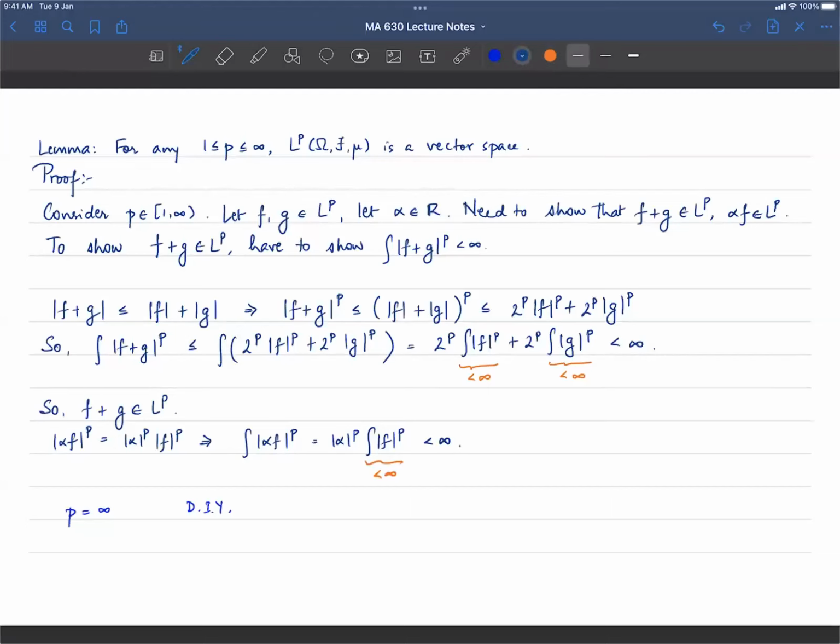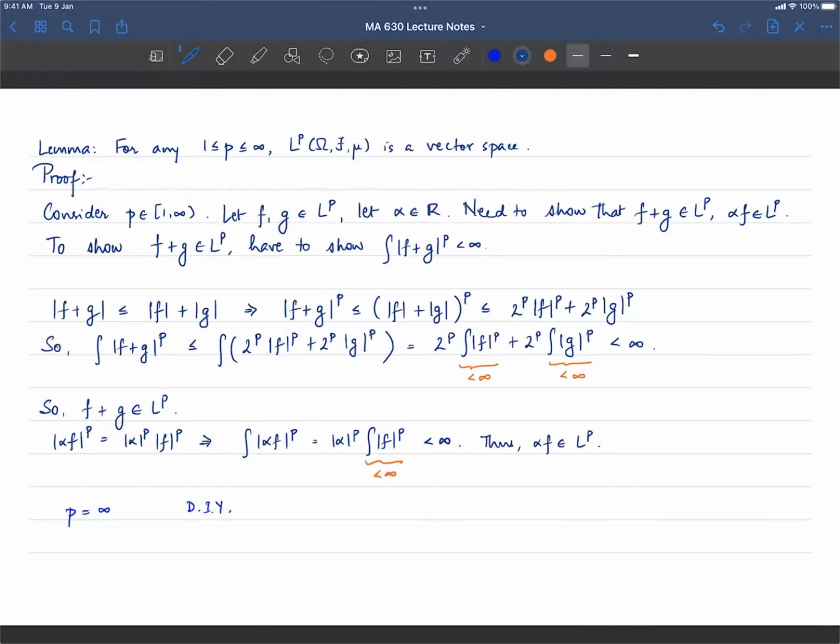So yes, indeed, if f and g are in L^p, then f plus g is in L^p. Also, if f is in L^p and alpha is a scalar, then alpha f is in L^p. So L^p of omega, F, mu is indeed a vector space.